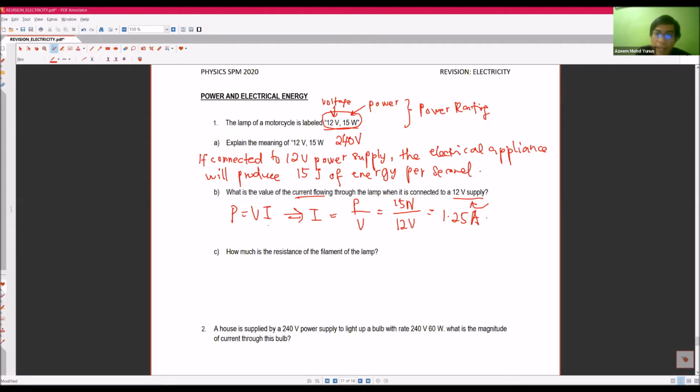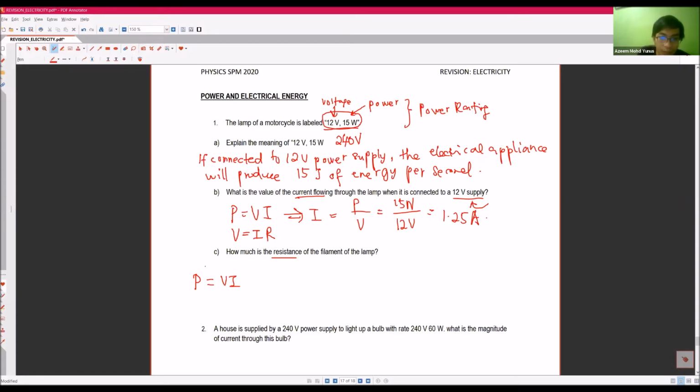So again, P equals VI. At least memorize it and do not confuse it with others. You can use the formula for power, or you can use Ohm's law, V equals IR, to derive other formulas that have resistance inside.